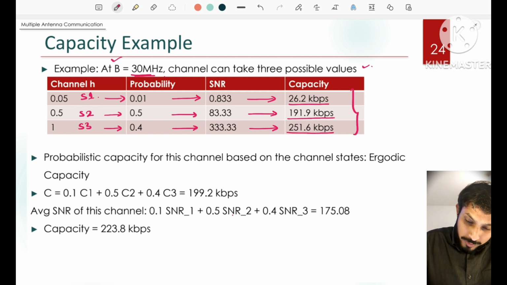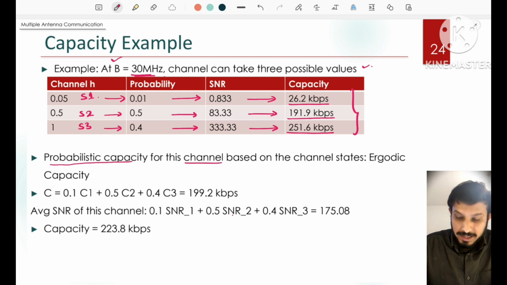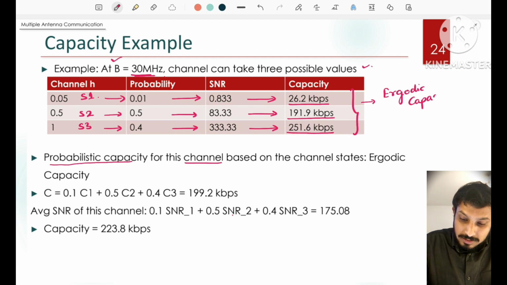So now based on this, we can obtain the probabilistic capacity of this channel based on the different channel states. And this is known as ergodic capacity, because we are taking the expectation over all the states of the channel, and this capacity is a function of gamma, and gamma has its own distribution.